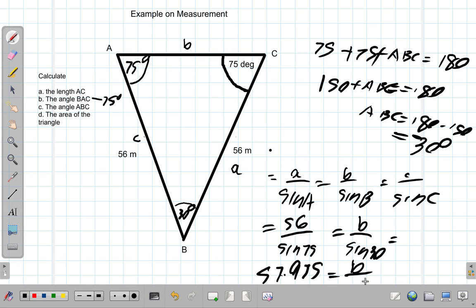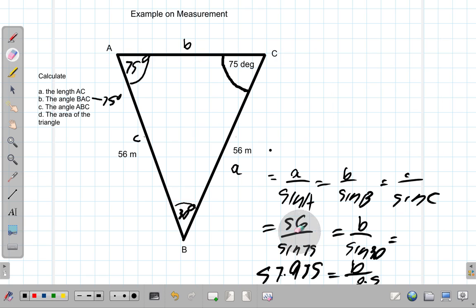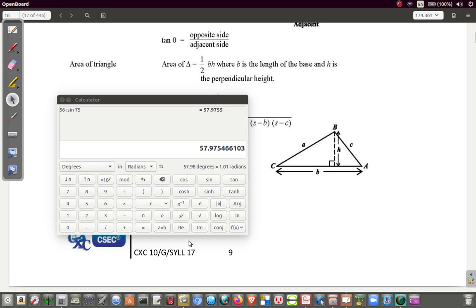I remember that sine 30 is a half, 0.5. Running out of space, so let's use this space up here. We'll continue. Therefore, multiply both sides by 0.5. b is equal to 0.5 times 57.975, which is the same as dividing by 2, equal to 28.99.